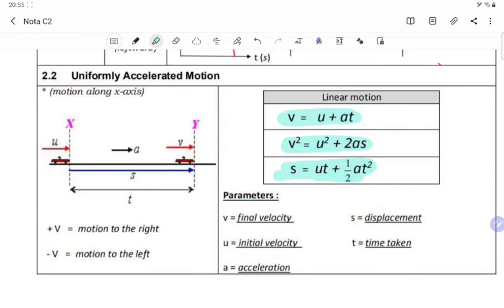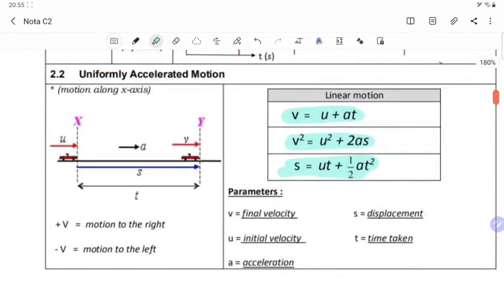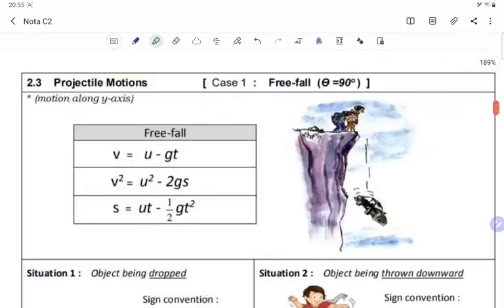So generally what you have done for the previous subtopic is about motion along x-axis, pergerakan pada paksi x sahaja. Now for free fall, dia melibatkan pergerakan pada vertical axis, iaitu y-axis. So that's why kat sini ditulis dia punya angle adalah 90 degree. So this one involve motion along y-axis.